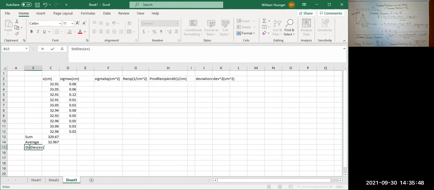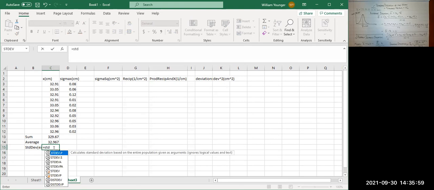So in other words, Excel's standard deviation says this will be equal to STDEV. You can see that one works. Estimate standard deviation based on a sample, ignores logical values and text in the sample. This one right here, standard deviation based on a sample from selected database entries. It looks like any of those will do. I'll do the standard deviation one though.